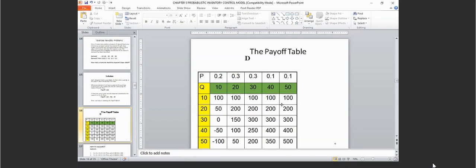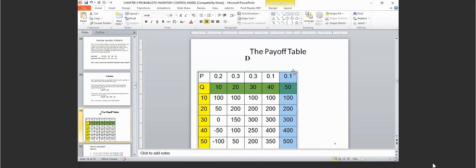So the final step is to calculate what is the expected payoff. What is the expected payoff for each of the quantity order here? Let's say the quantity order here is 10 unit. So what is the expected payoff for the quantity order of 10 unit?